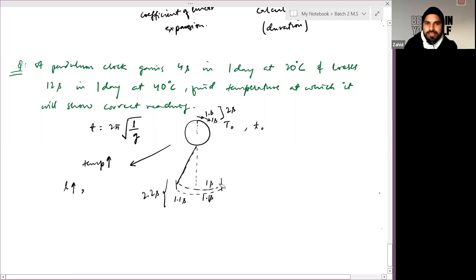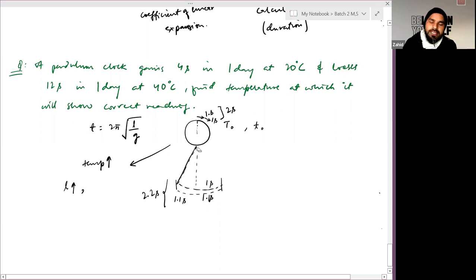But now on increasing its length, it may take 1.1 second. In this duration, this clock will read just 1 second, since the reading of clock depends only on oscillation.